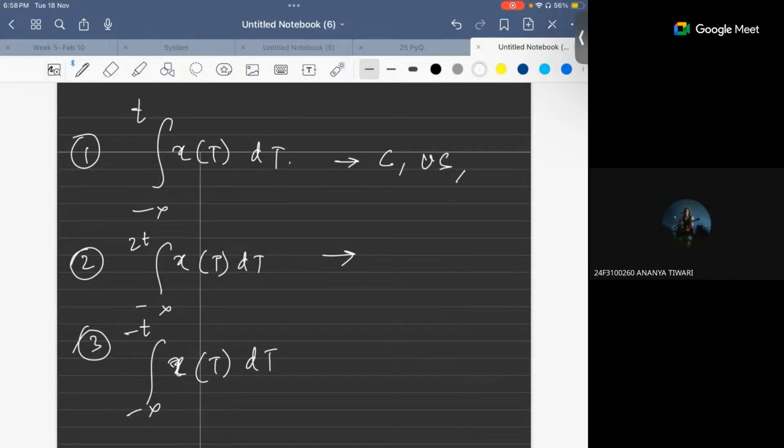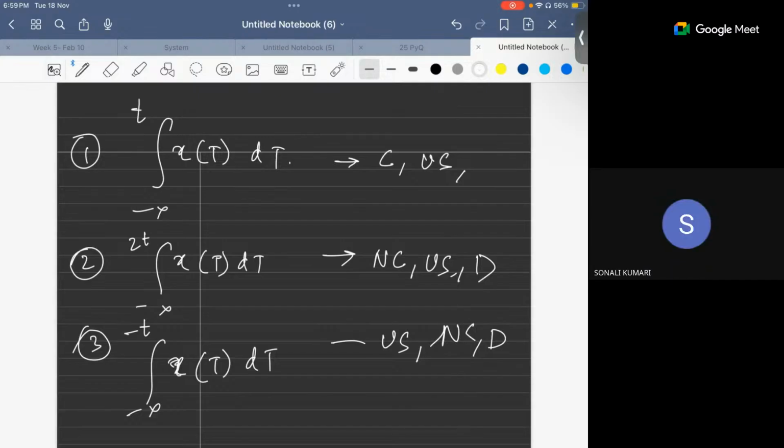Non-causal, correct. Unstable. All three are unstable. This is also dynamic, and non-causal. The third one is non-causal also. So the first one is also dynamic.